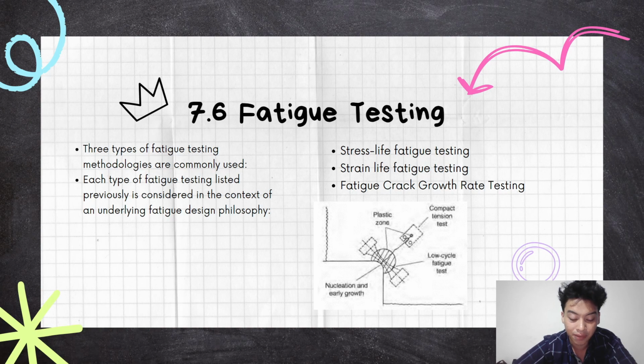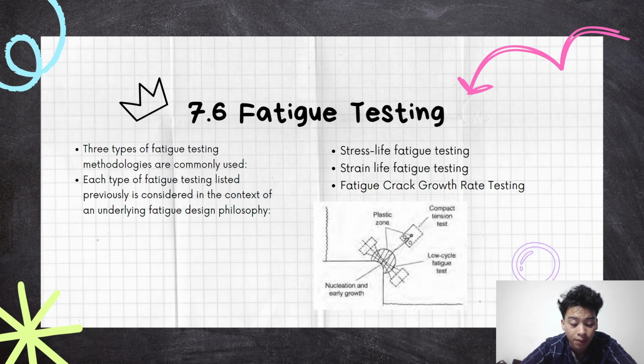Each type of fatigue testing listed previously is considered in the context of an underlying fatigue design philosophy. Stress-life or S-N fatigue testing is for design with a high number of cycles, the infinite life design philosophy.